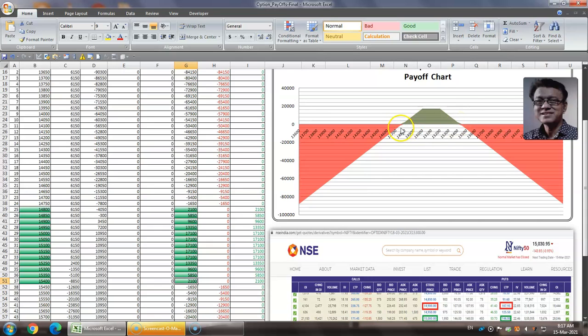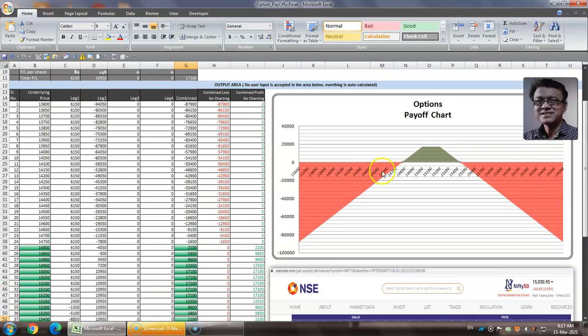But if the underlying price moves away, say at 13,700 or 16,600, then he will have this much of loss. In fact, this curve shows that his loss is unlimited. That means if the price goes beyond this chart, say 13,500 as against 13,700, or against 16,400, suppose it becomes 16,800, then the losses will be further higher.